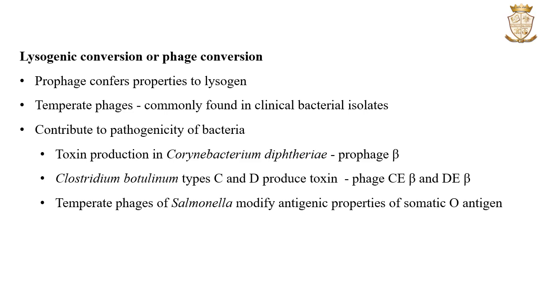Similarly, Clostridium botulinum type C and type D can produce a toxin only if they are infected with phage CE beta and phage DE beta respectively. Temperate phages of Salmonella, in their prophage form, modify the antigenic properties of the somatic O antigen in Salmonella.